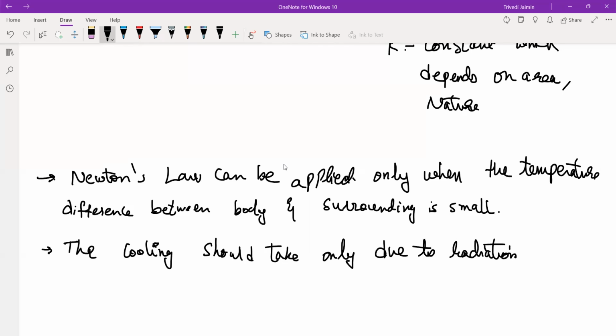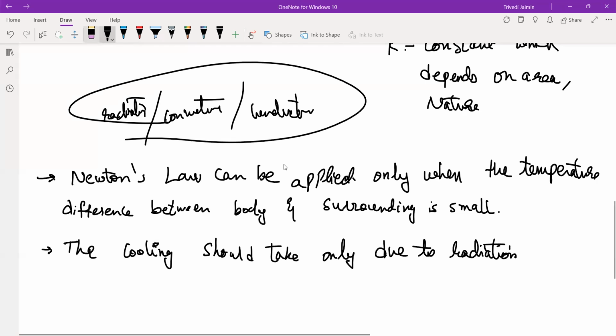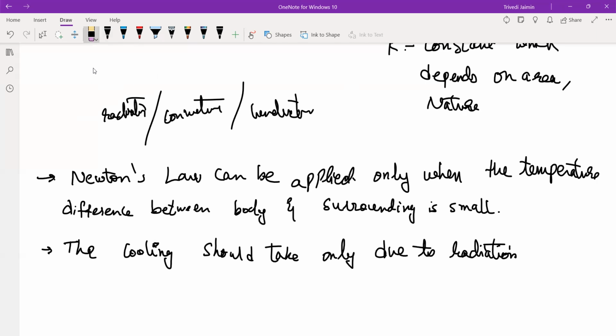Radiation means emission of energy, waves. Radiation, convection, conduction: three methods to lose heat.